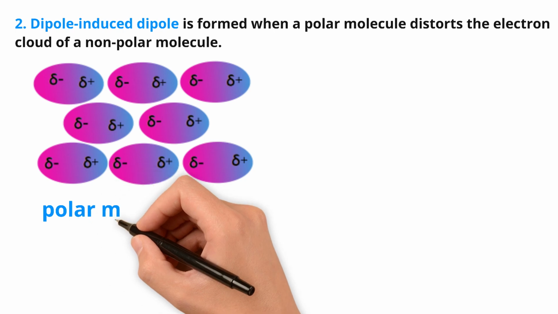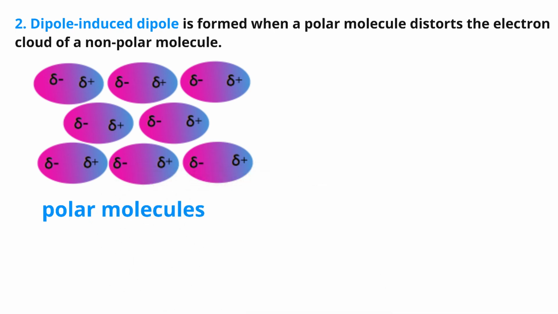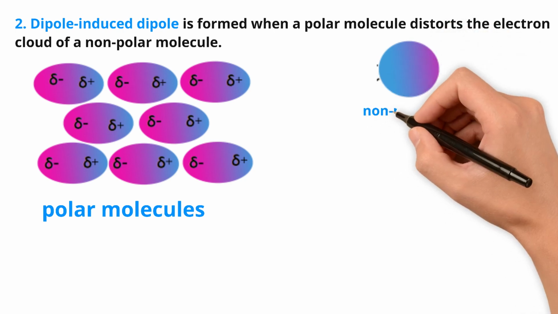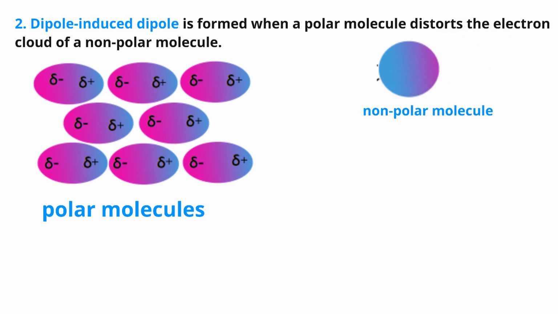Now this one is a polar molecule. As you have seen here, there is a charge separation. One is positive charge, the other is negative charge. There are two poles, positive pole and negative pole. But in a nonpolar molecule, there is no charge separation, meaning the electrons distribute evenly, and the shape of a nonpolar molecule is a sphere.